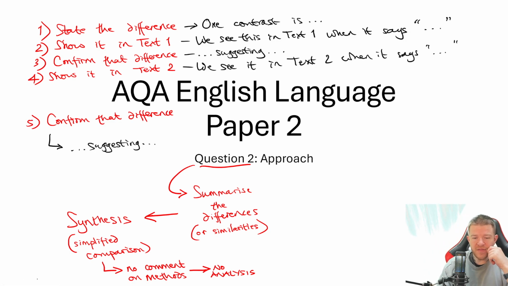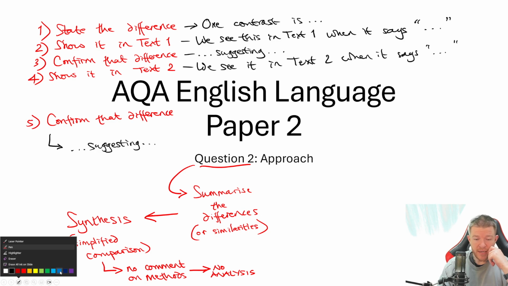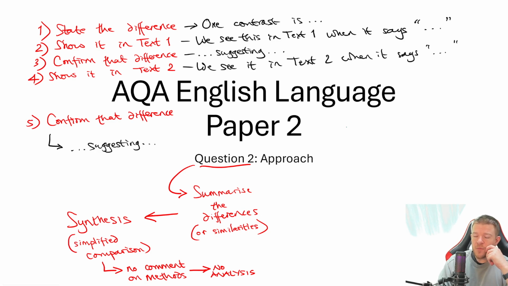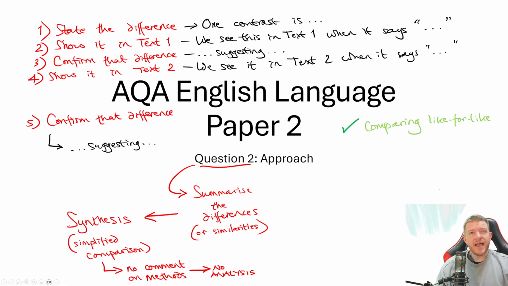A couple of top tips, a couple of things to make sure that you are doing. Make sure that you are comparing like for like. What does that mean? Examiners get really annoyed every year because students will say, in text 1, the train is purple, whereas in text 2, the train is very long.